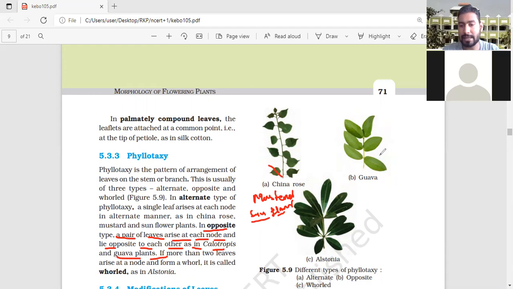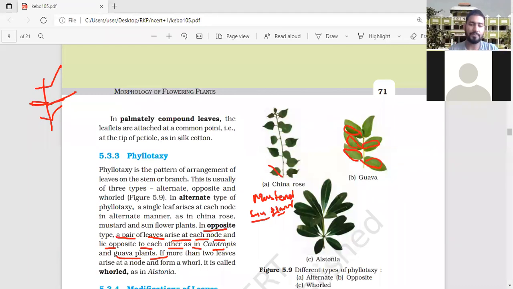So now you can say they are growing, but in opposite manner. Clear? Opposite means they arise from the same axis together. That is the opposite manner. And in which, decussate and superposed. Superposed means a little bit one by one. Decussate is like that.